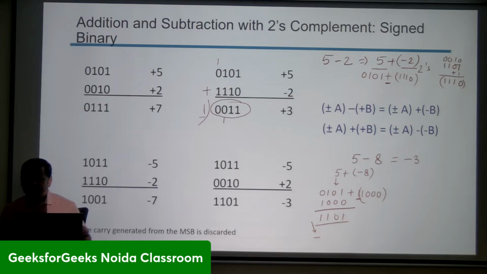Just take the 2's complement of the outcome. To get the magnitude, you have to apply the 2's complement. Okay. What will be the value? 0, 0, 1, 1. And that is going to be minus. So that is going to be minus 3.